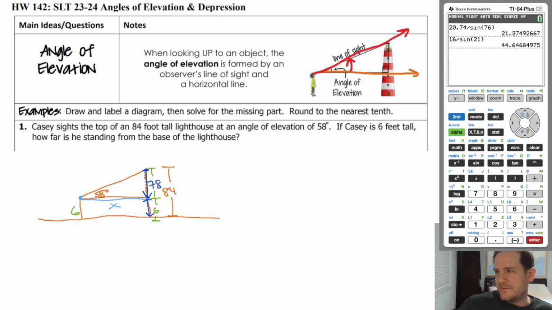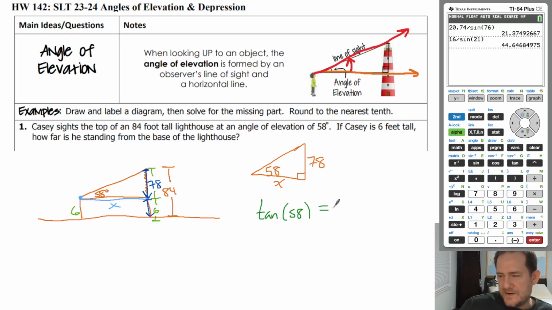After all that rigmarole, we've got our little right triangle. I'm going to pull it out to the side and label the important parts. We know the angle of elevation was 58. We know the opposite side is 78, and we're solving for x. This looks a lot like a tangent equation. So tangent of 58 equals 78 over x.